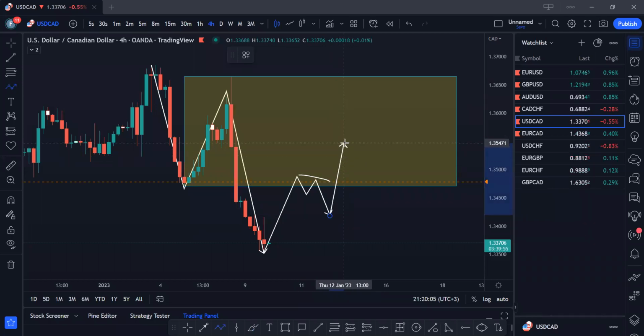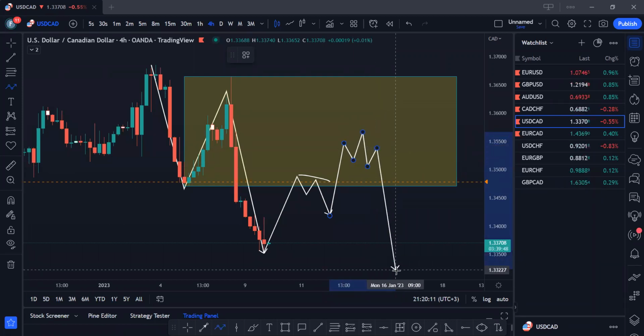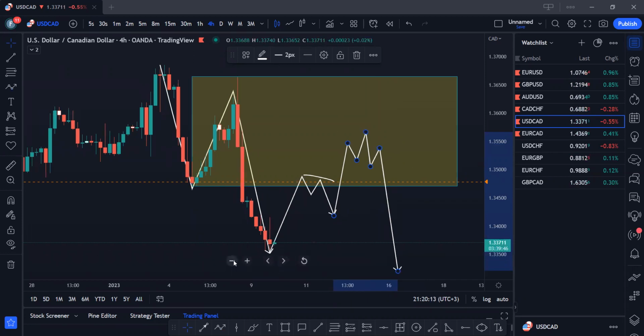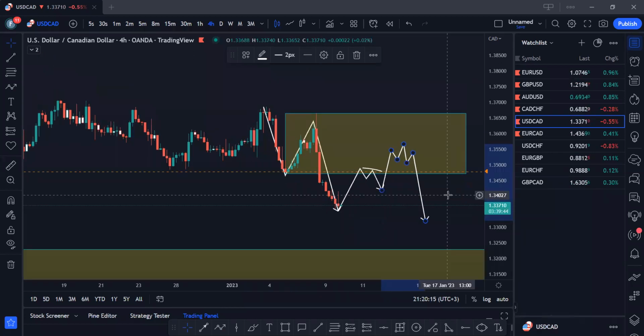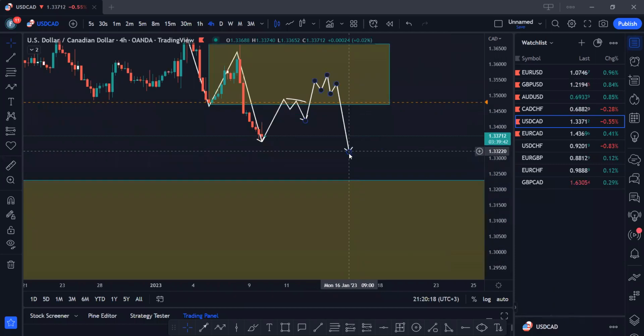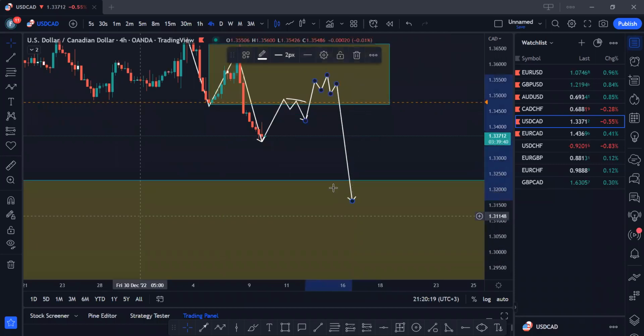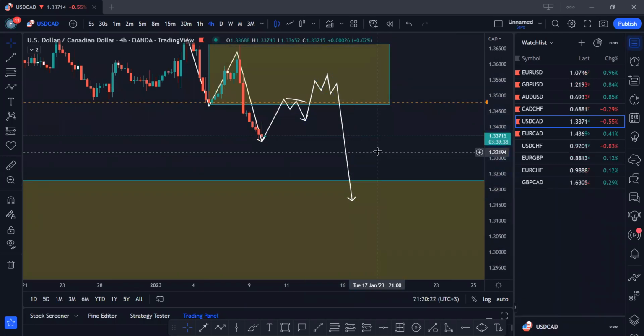Once that happens, then you start looking for sell opportunities. Okay, and then you sell into that demand, into this demand here to take out that low. Okay, so that's what we have on USD CAD.